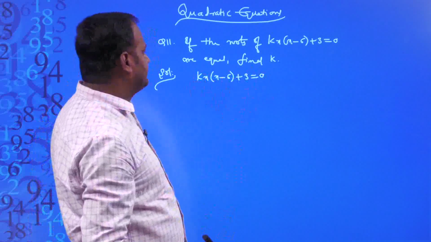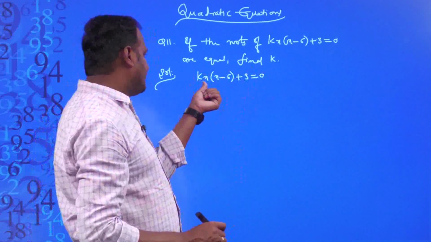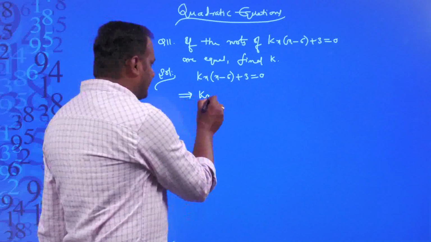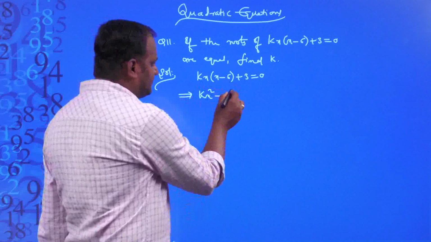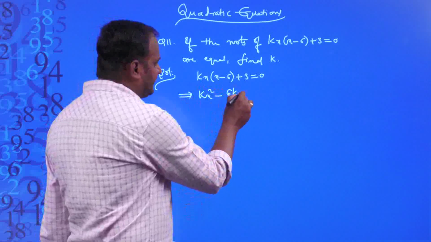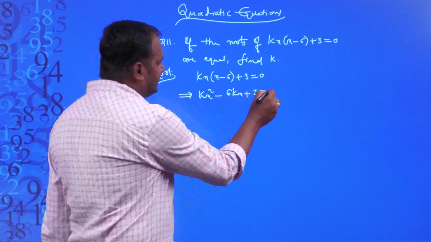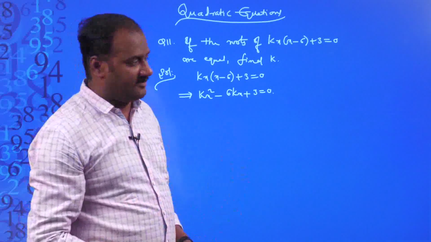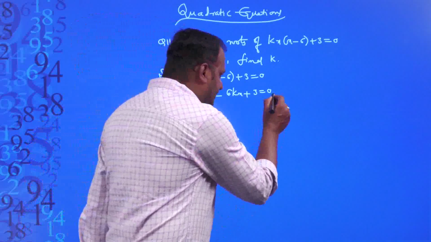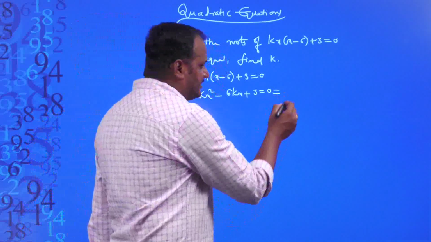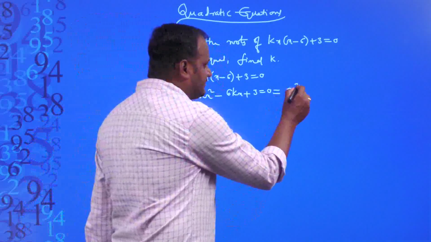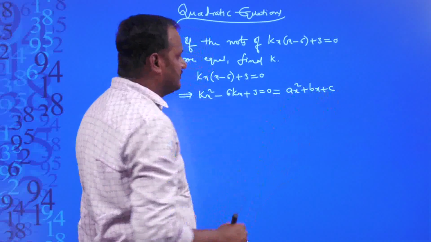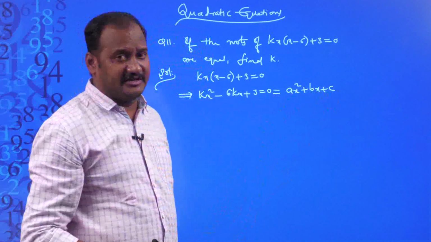Writing it in the standard form by multiplying these two terms, kx into x is kx square, minus kx into 6 is minus 6kx, plus 3 is equal to 0. Now, it is in the standard form. So, you will have to compare this equation with the standard form of a quadratic equation, that is ax square plus bx plus c is equal to 0, to identify the values of a, b, c.